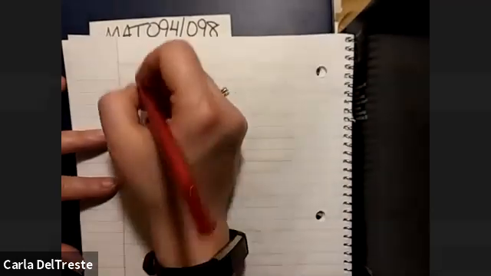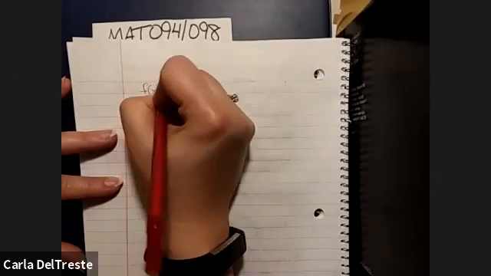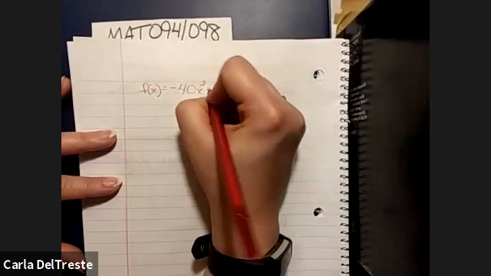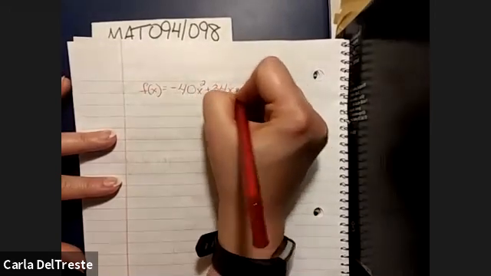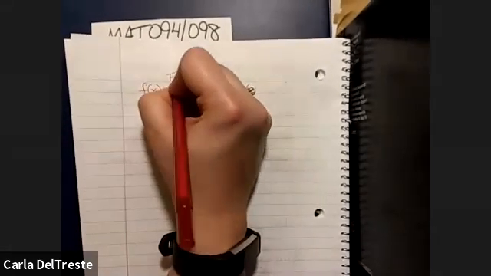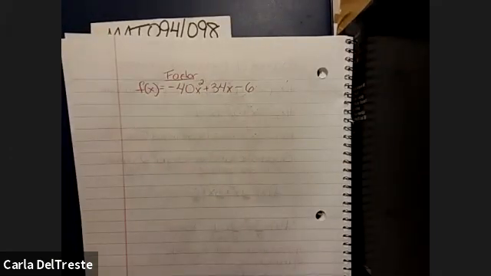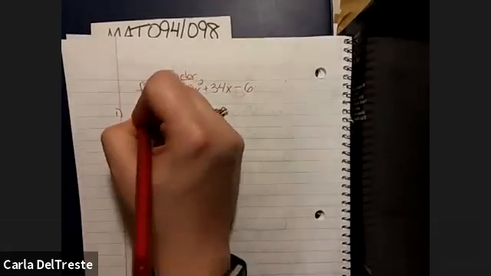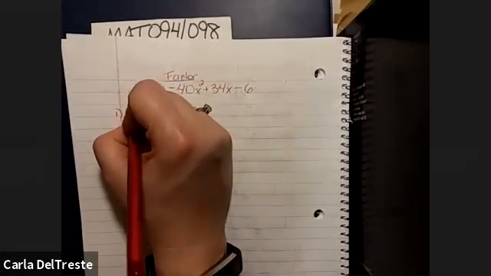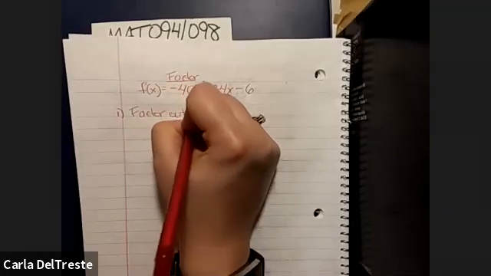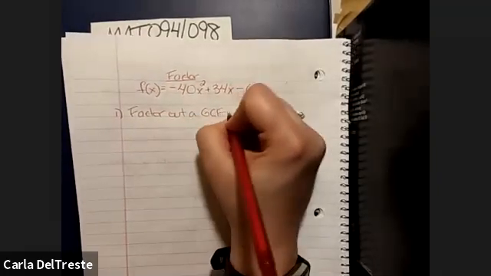This time I want to factor f of x equals negative 40x squared plus 34x minus 6. And my job is to factor this. So again, what do I do first? I always try to factor out a GCF if possible.